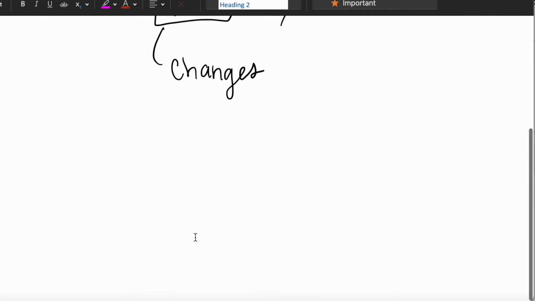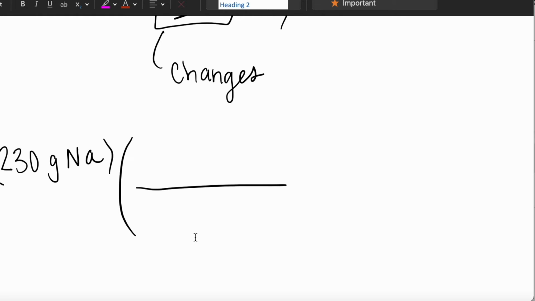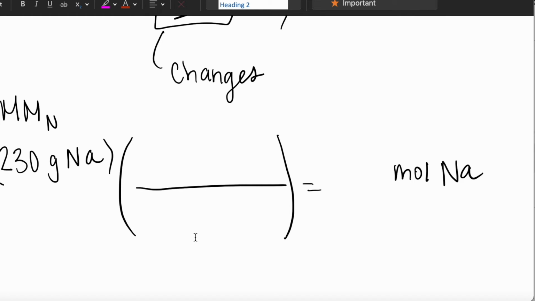So I'm going to show you a better example, an actual example, and that would be 230 grams of sodium. How do I convert this to moles of sodium? So if I go to the periodic table, I'm going to find that the molar mass of sodium, so I'm just abbreviating that big M, molar mass, and then the symbol sodium, is about 23 grams per mole.